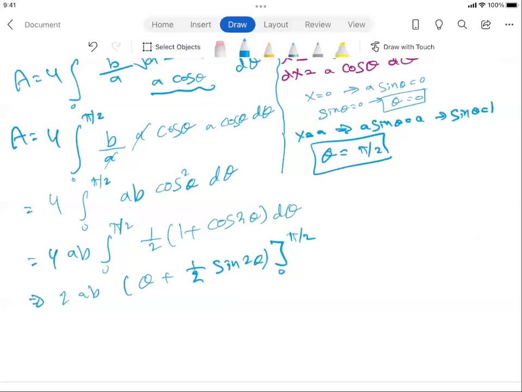So let's see, 2ab, I have pi over 2 plus sine of 2 theta, which becomes sine of pi, which is 0. And the rest, if I plug in 0, I'll simply get 0. Then this one would be ab times pi. So that is the area of the ellipse.